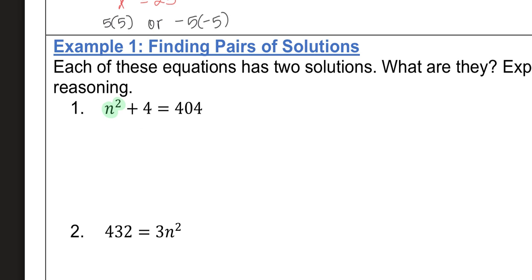If you like, you can draw a line through your equal sign. How do I cancel +4? We subtract 4. Those will cancel on the left, and I can subtract 4 on this side. So now I have n squared equals 400.